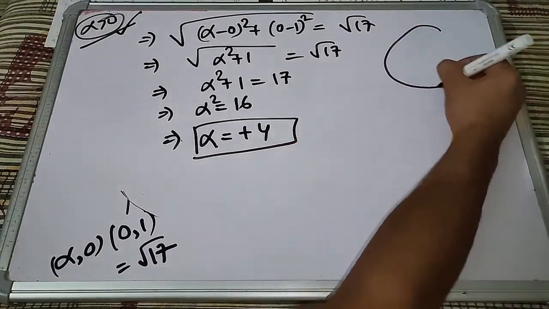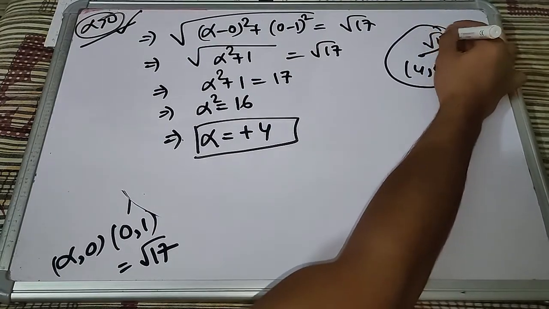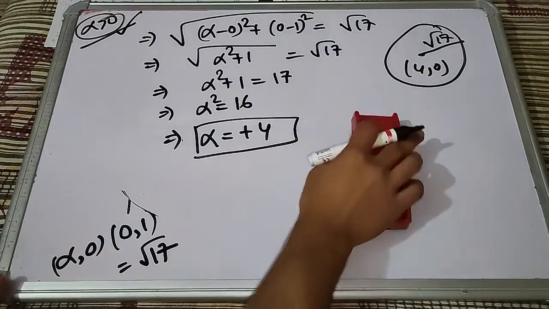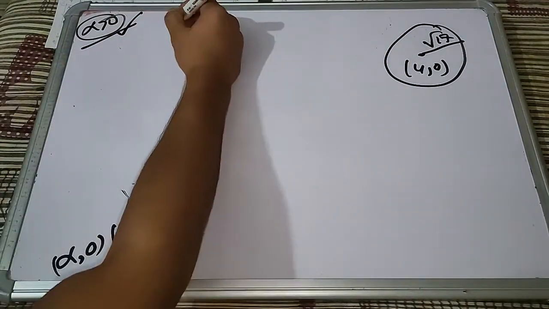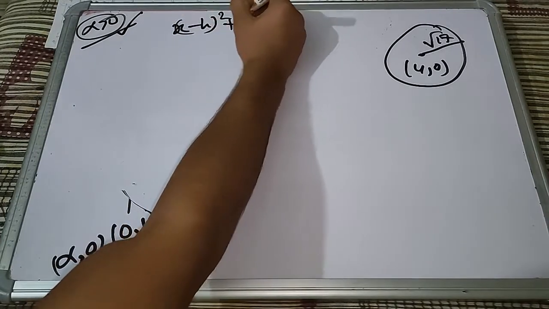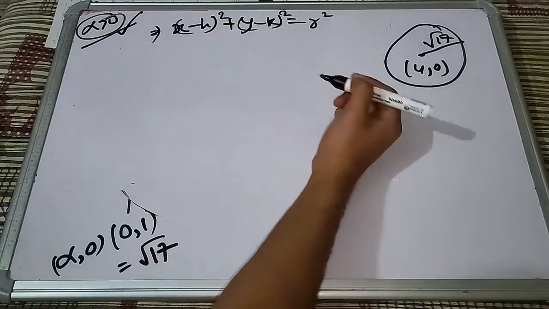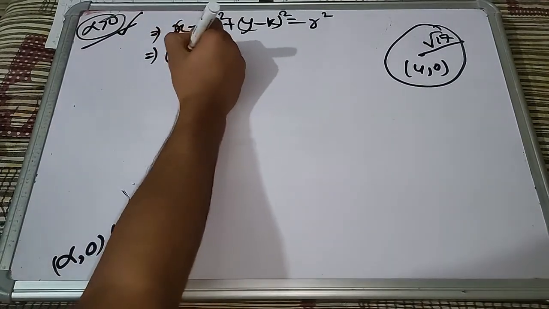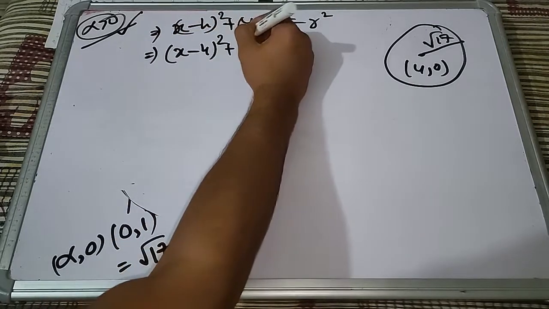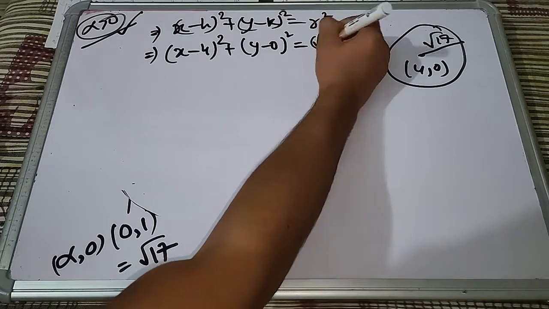So what we now know is that the center of the circle is (4, 0) and the radius is root 17. Applying the most basic form of the circle equation, (x minus h) whole square plus (y minus k) whole square equals r square, where (h, k) is the center of the circle and r is the radius, we get (x minus 4) whole square plus (y minus 0) whole square equals (root 17) whole square.